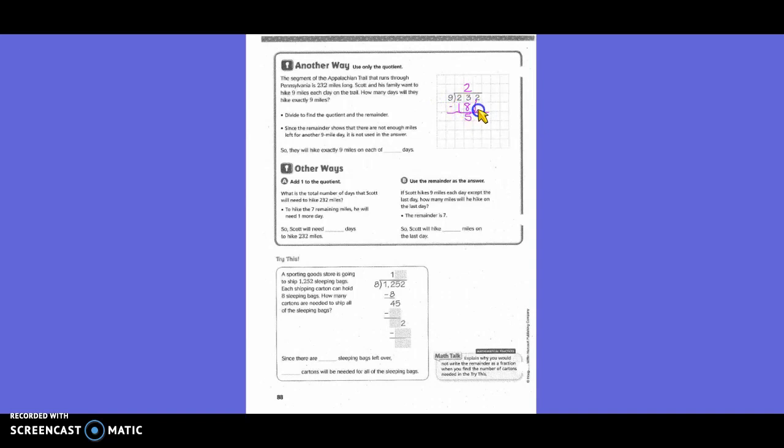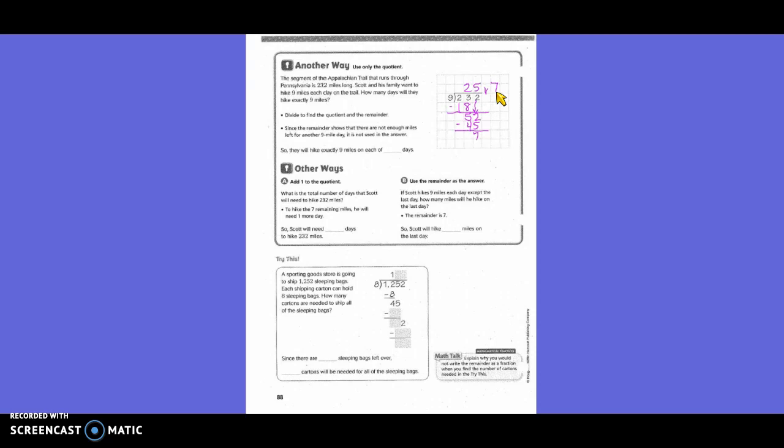5. Bring down the 2. How many times does 9 go into 52 without going over? 5 times. So 5 times 9 is 45. 52 minus 45 is 7. So remainder 7. Since the remainder shows that there are not enough miles left for another 9-mile day, it is not used for the answer.